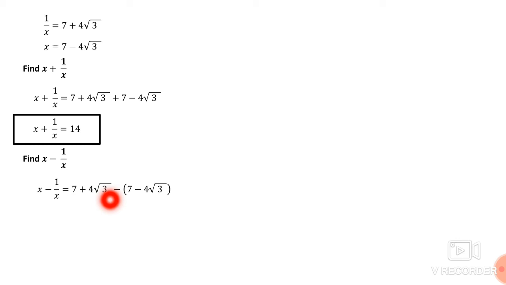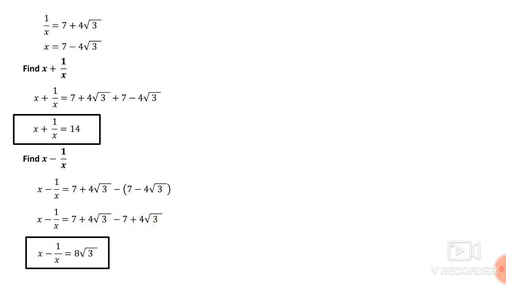Put the value of x minus the value of 1 upon x. Remove the bracket by multiplying with the negative sign. We will get 7 plus root 3 minus 7 plus 4 root 3. The minus 7 and plus 7 will cancel out, and we will have 8 root 3. Now we have both the values, x plus 1 upon x and x minus 1 upon x.